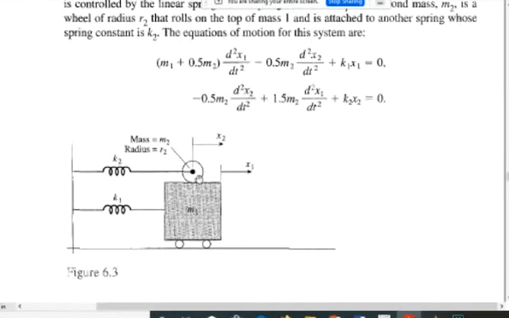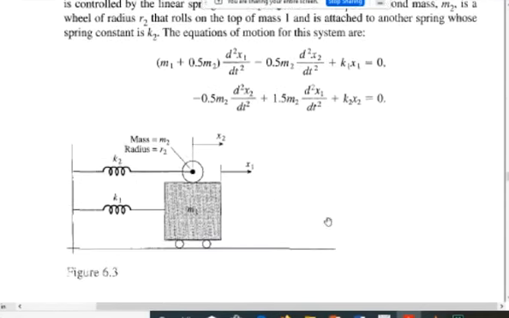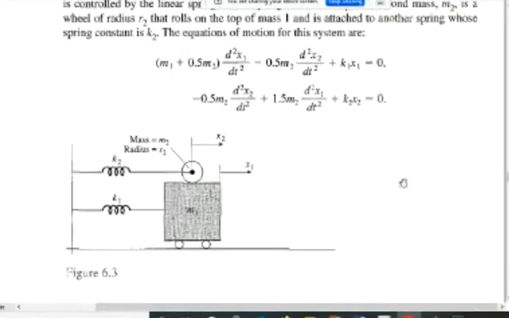This system has a certain type of motion, maybe fluctuations or oscillations of this mass. And this motion is described by these two differential equations. The first one for the first mass and the second one for the medium mass, or M1.